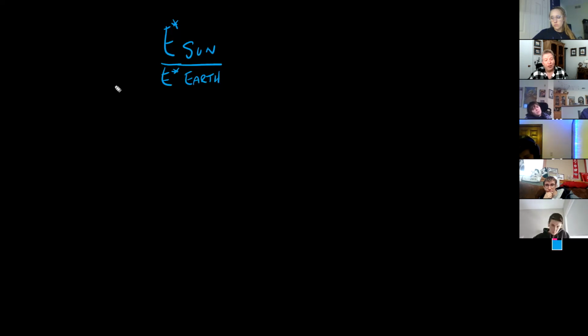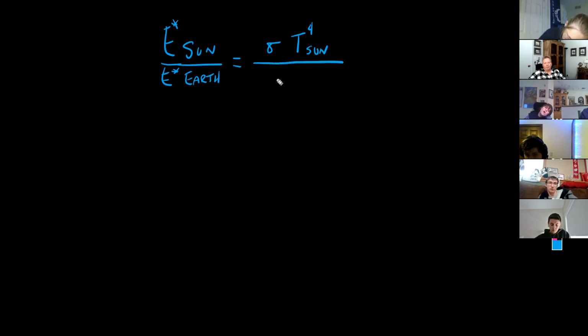Right. So this is setting up the problem. What does E star of the sun equal? Sigma and then absolute temperature raised to the fourth. Temperature of the what? Sun. And then in the bottom, temperature of the earth.